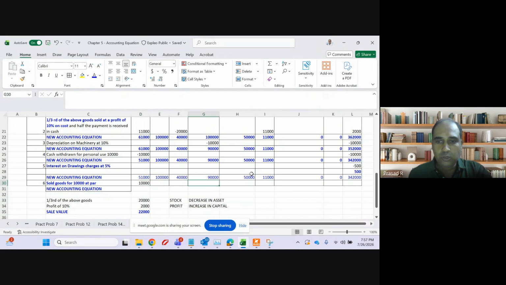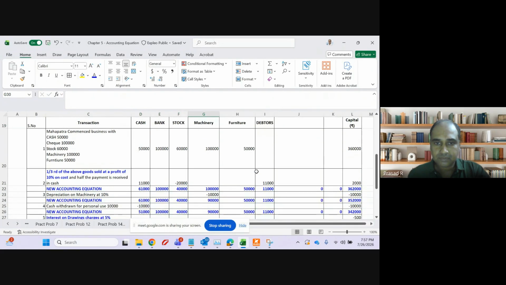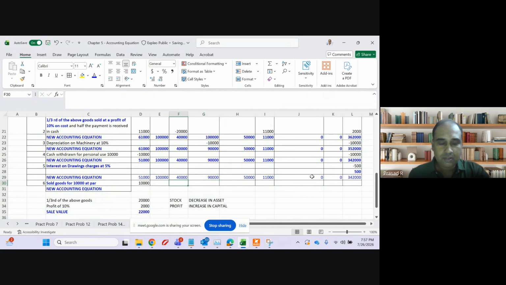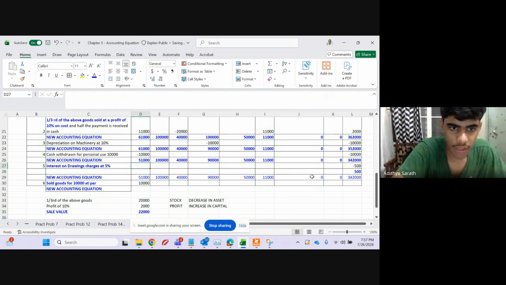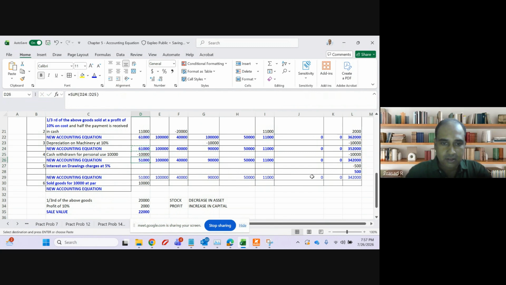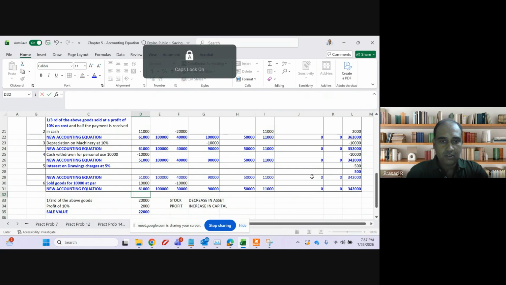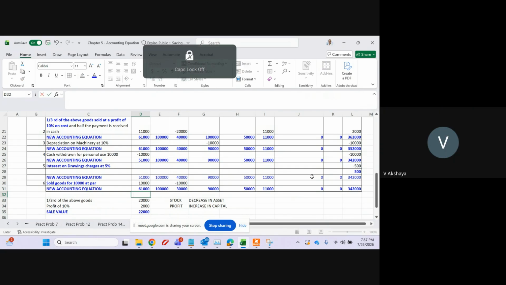And what will happen to goods, my stock? Reduce, sir. Yes, reduce: minus 10,000 in stock. So my accounting equation is ready. Clear, guys? Any doubt? No doubt, sir.